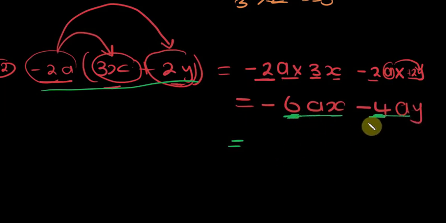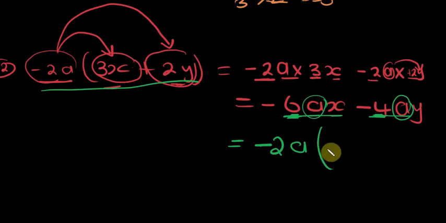As for the number, the highest common factor of 6 and 4 is 2. So minus 2, and then a is common here, it's also common there, so we also take it out. Alright, so minus 2a. What do we write here?